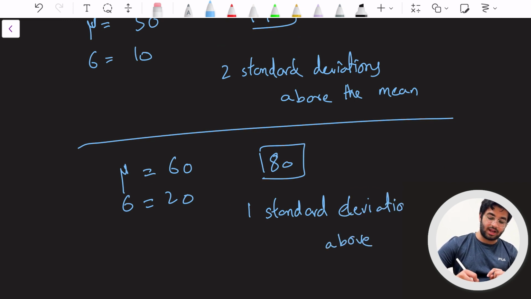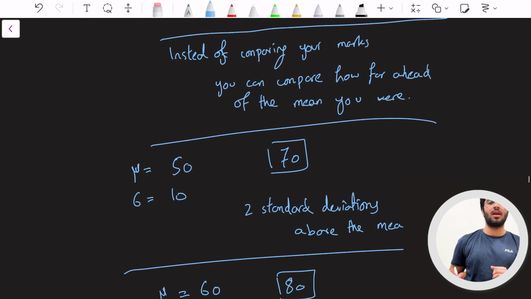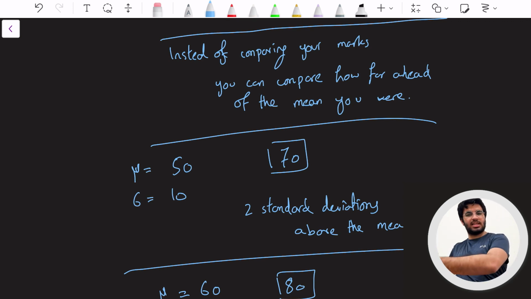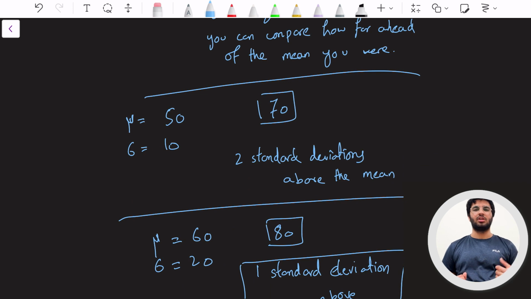So by using our method to compare, which takes in that factor of how hard the test actually was, because you're looking at what the mean was and the standard deviation, you can have an idea of how the test went, how hard it was. Same for the other school, and using all of that information, you can see which one performed better. Obviously you did, because you were 2 standard deviations above.